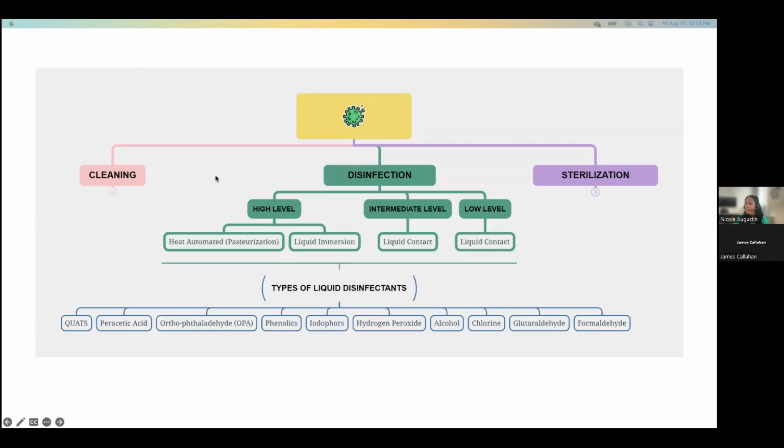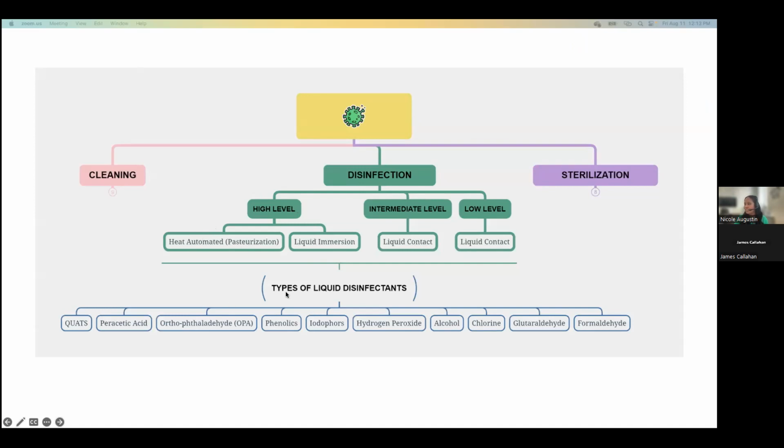So going back to this table I created, for disinfection you have the high level again, which is either pasteurization or you immerse it in liquids. And then you have intermediate level and low level, which are generally liquid contact.